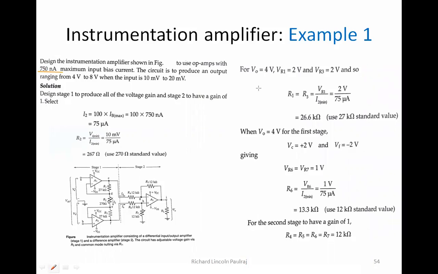The circuit is to produce an output ranging from 4 to 8 volts, which means this is going to be my V0. V0 can range from 4 to 8 volts, and the input is 10 to 20 millivolts. So we have the input, output, and the bias currents.